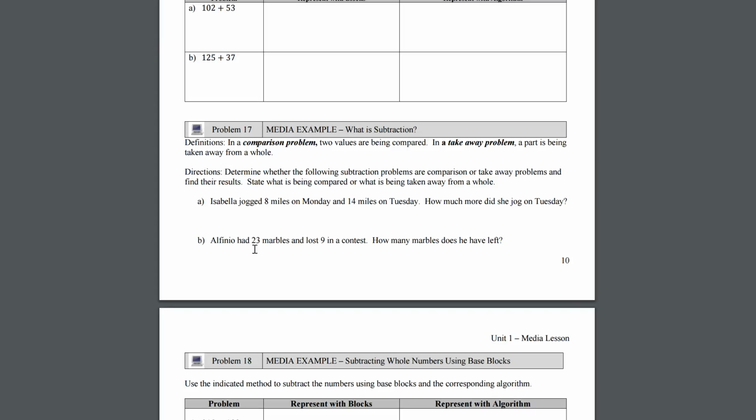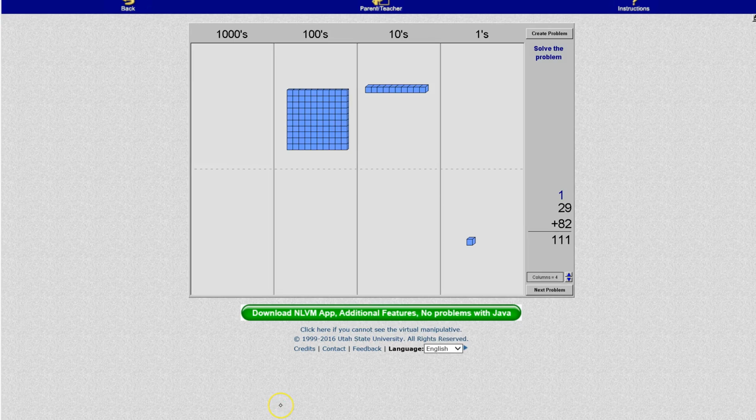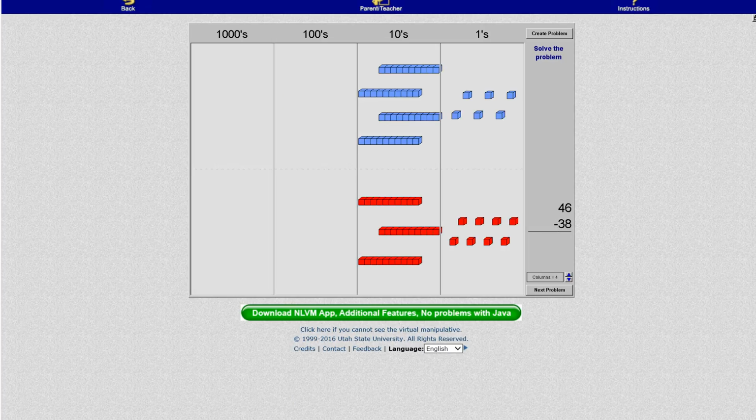Okay. And then in terms of the base blocks, this is the NLVM website base block representation. I'm not a huge fan of this, so notice the red ones are the ones we're taking away. This looks a little bit like integer chips, which we'll do later, which I guess is okay.